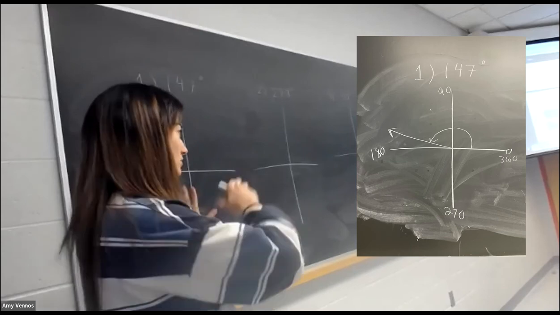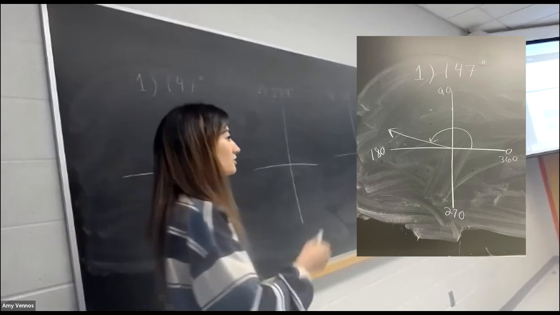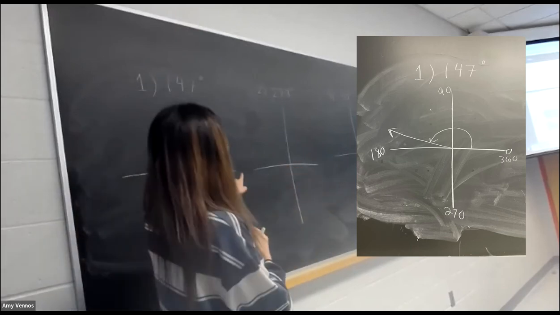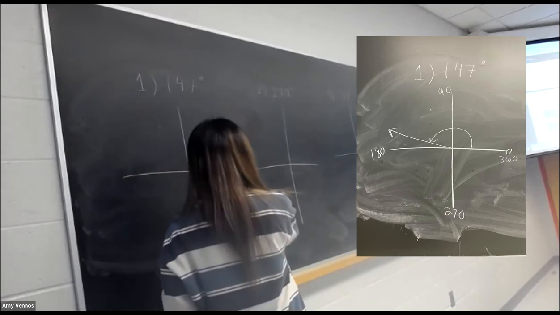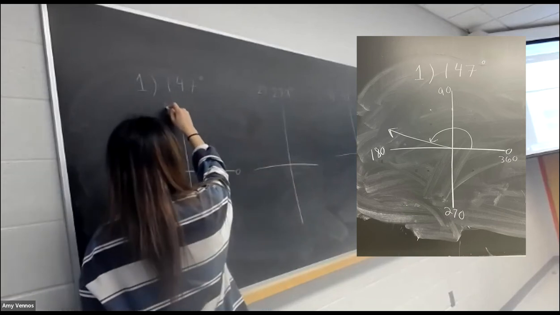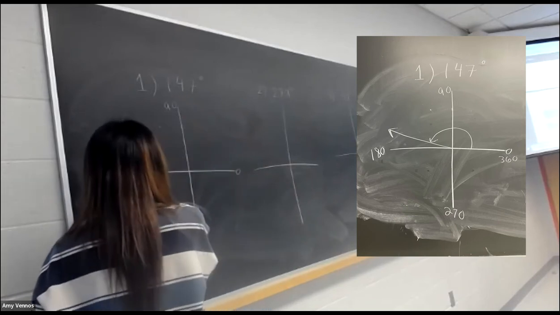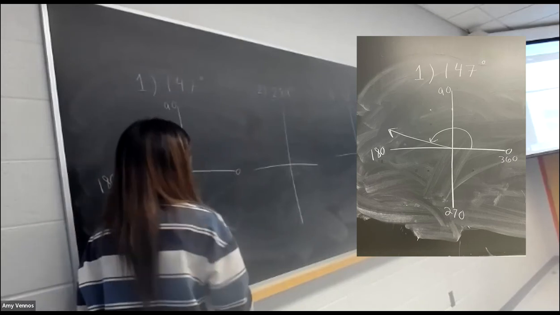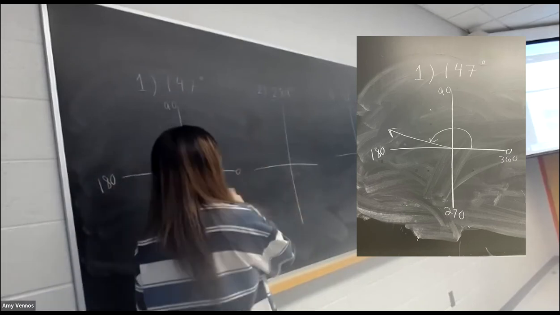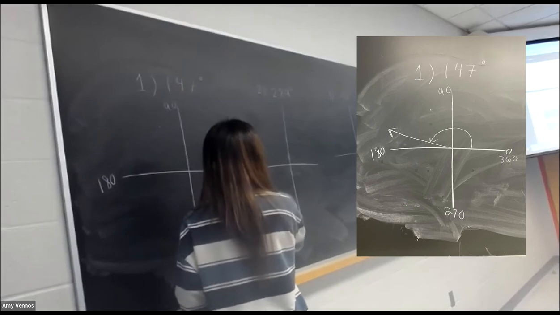Okay, so when we're about to do this, there are 4 reference points here on our graph, right? We've got 0 degrees, 90, 180, and 270, right? A coterminal angle for 0 is 360.